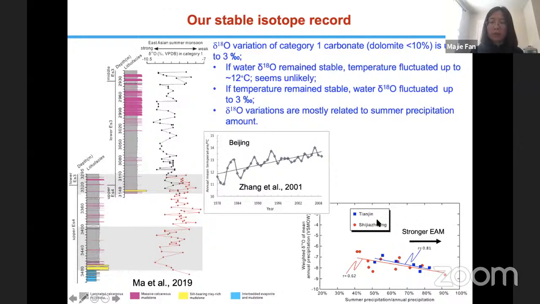Therefore, if we learn from the modern relationship and apply that to the Eocene, we think that the delta O18 values are mostly related to the summer precipitation amount, with the lower values representing more summer precipitation, and the higher values representing less summer precipitation.